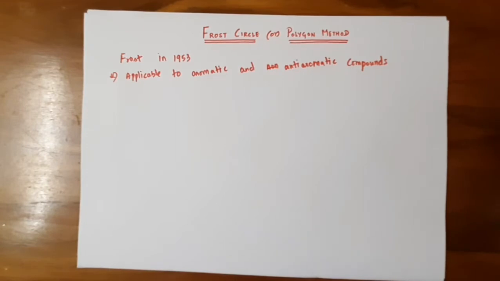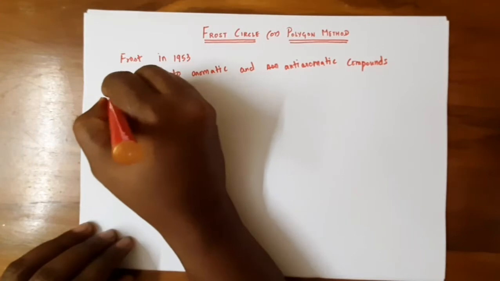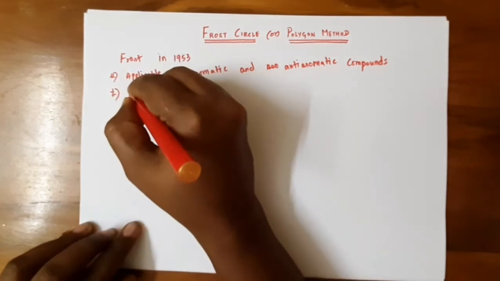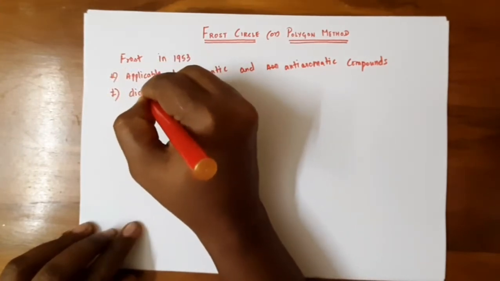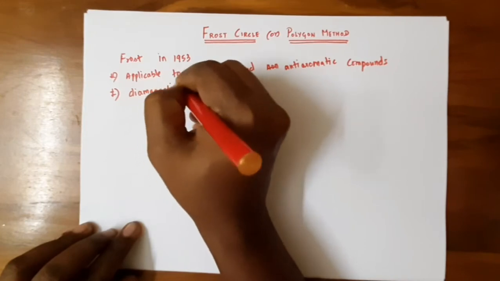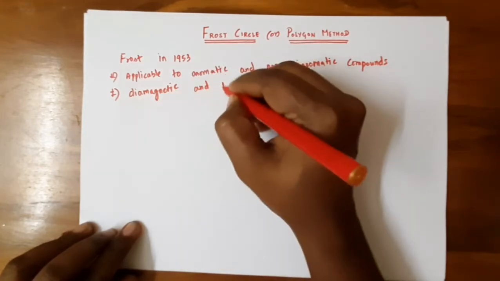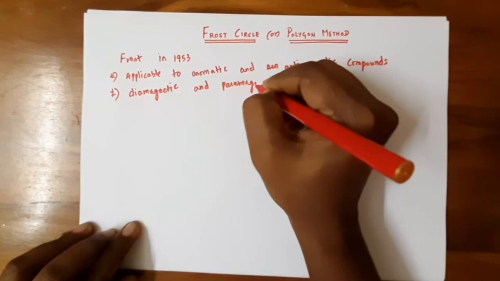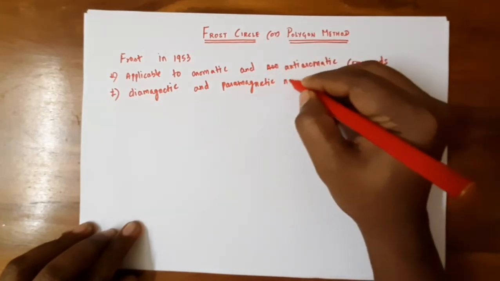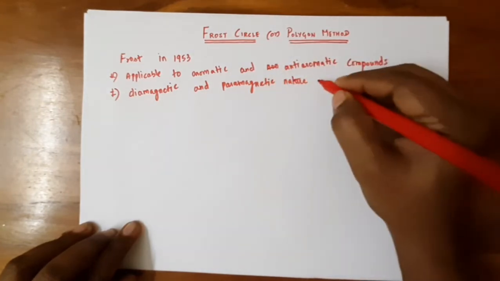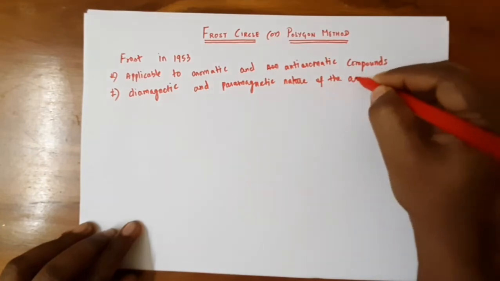The Frost circle is only applicable to aromatic and anti-aromatic compounds, and it also gives the diamagnetic and paramagnetic nature. So the Frost circle is used to study the diamagnetic and paramagnetic nature of aromatic compounds.